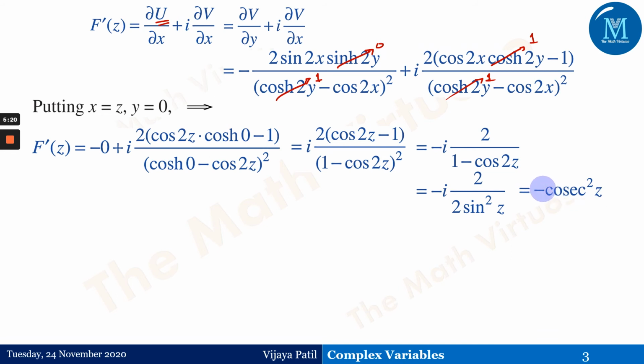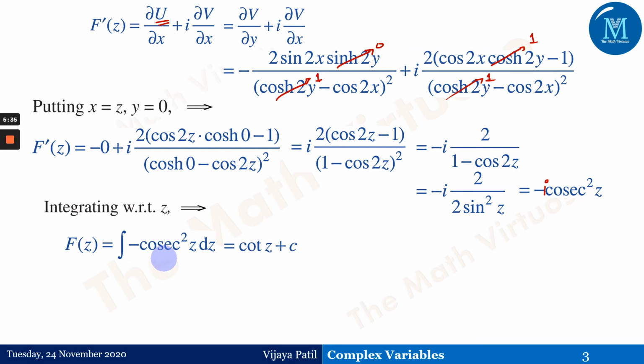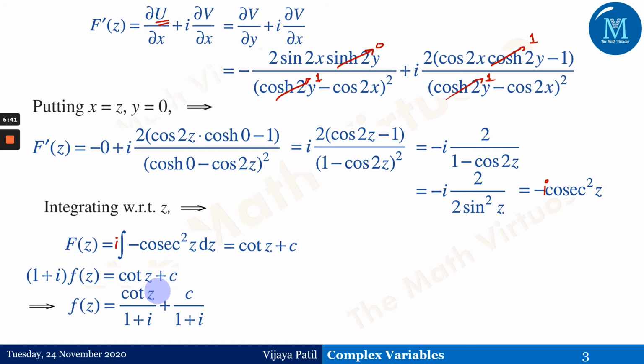Of course, I think I've not written the i here. It's minus of i times cosec squared z, and now integrating with respect to z. Just a minute, I think I have made a mistake here.